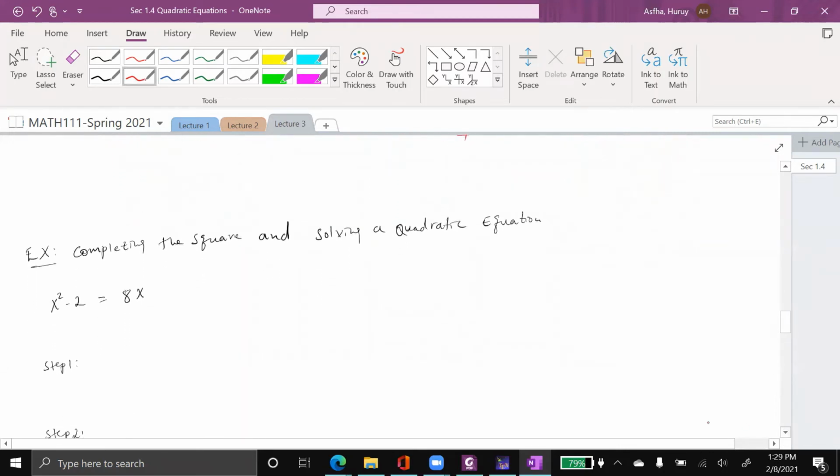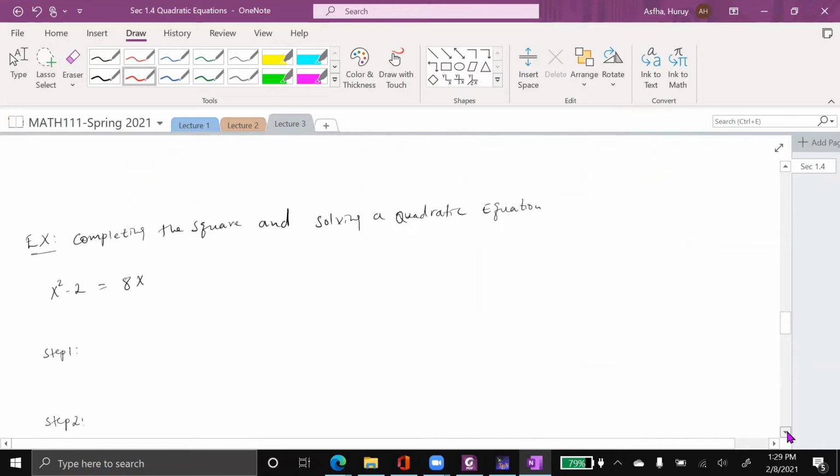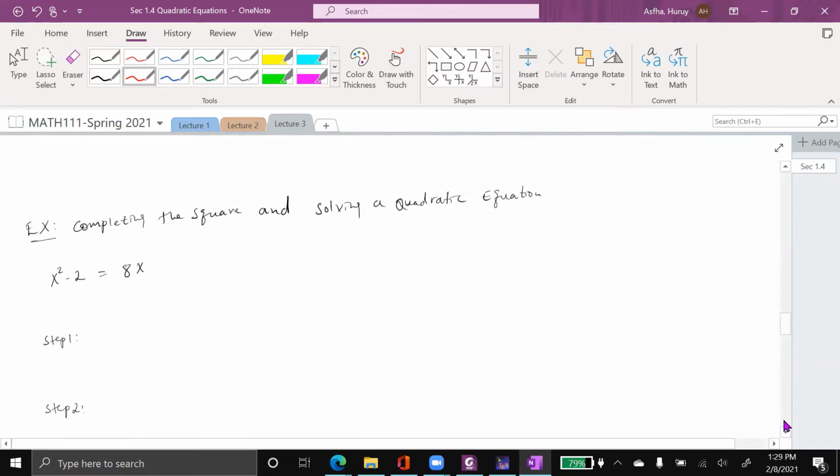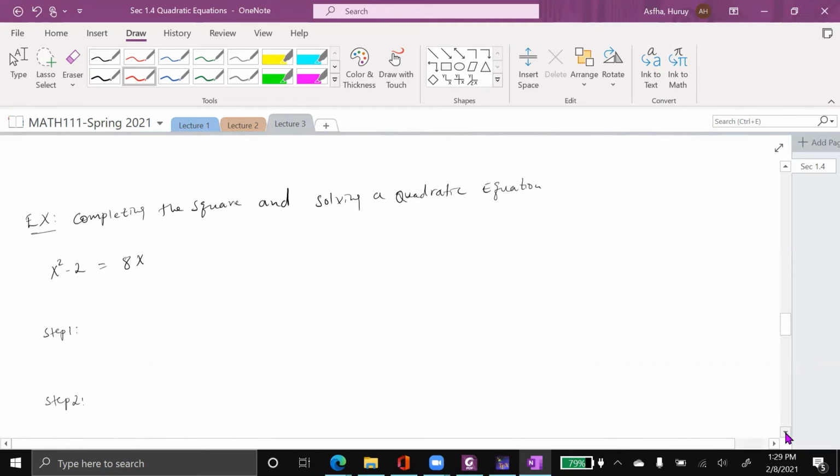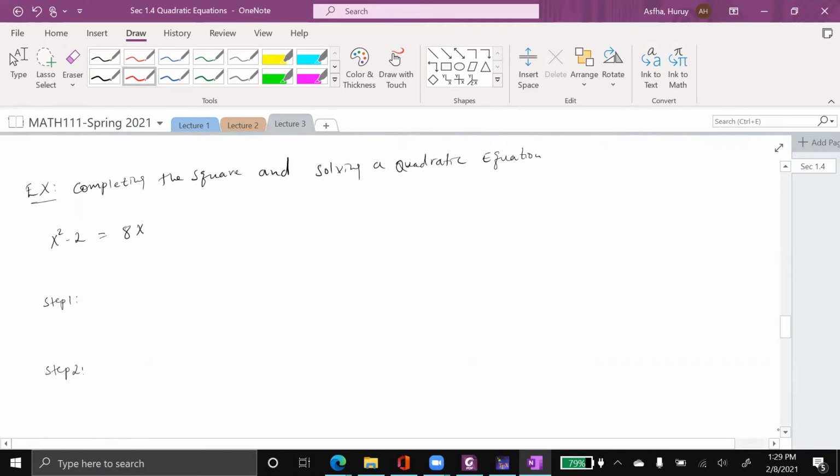Now, we use this completing the square technique to solve a quadratic equation. And of course, we combine it with the square root property and the zero product property. Now, suppose we have this quadratic equation.